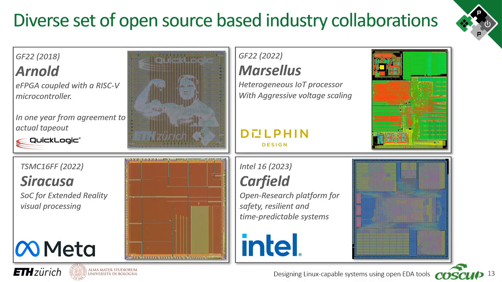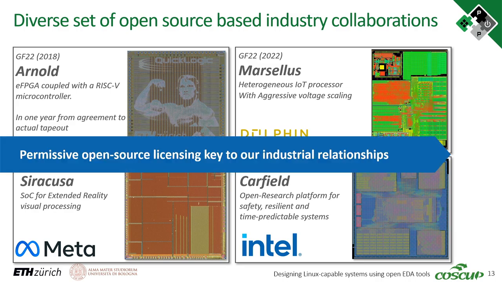And this approach has also worked with industry. As you can see here, we work with pretty large companies to actually design test chips for them. And again, this is possible because of this permissive licensing scheme. It's Apache 2.0.